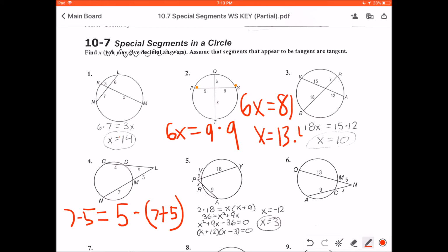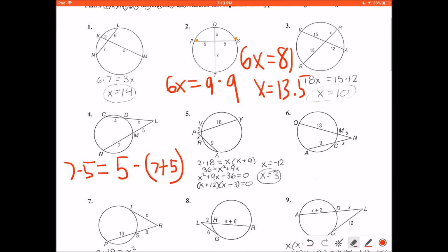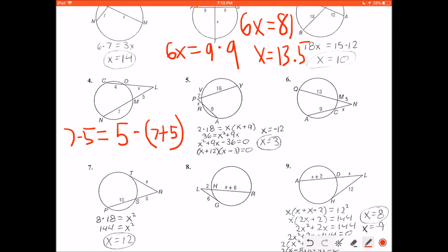And then for the other problem, it's a secant problem, the two secants. So what you want to do is, oh, that's not right, I'll reset this up. Okay, so you have 5 times 7 times 5, because it's the short length times the whole length, equals x times x plus 4.